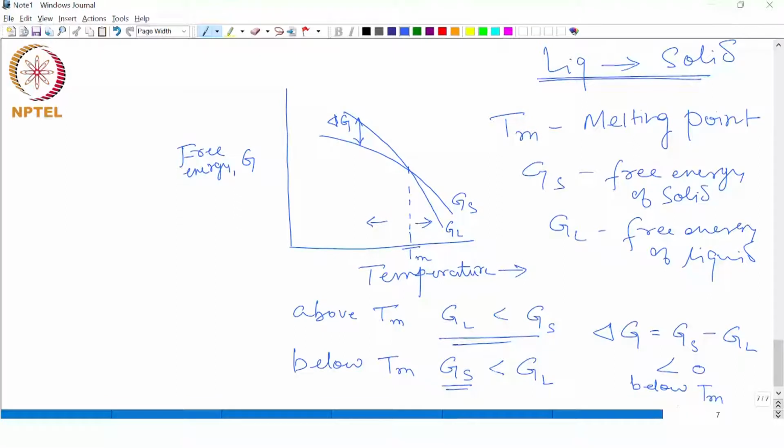Okay. As you reduce the temperature and bring it down, the solid will have lower free energy compared to liquid. As a result, delta G is negative, and therefore, when you cool it down below the melting point, this liquid to solid transformation takes place, right. So, that you can see with the help of this particular diagram. Okay.